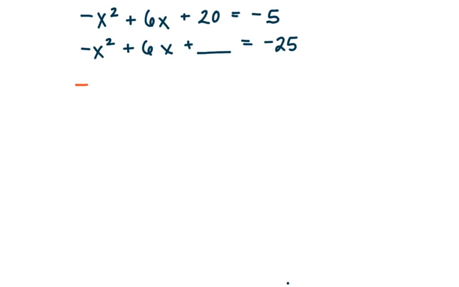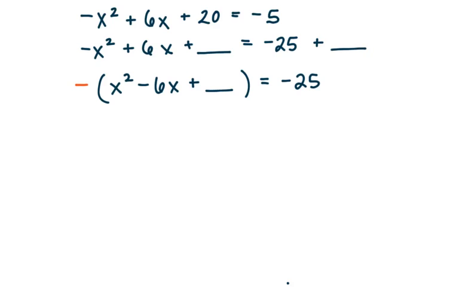So I'm going to factor out a negative, and that leaves me with x squared minus 6x plus some magic number equals negative 25. And again, we're going to add that magic number to both sides of the equation. But minus that magic number, we're going to have a minus whatever that value is over here.